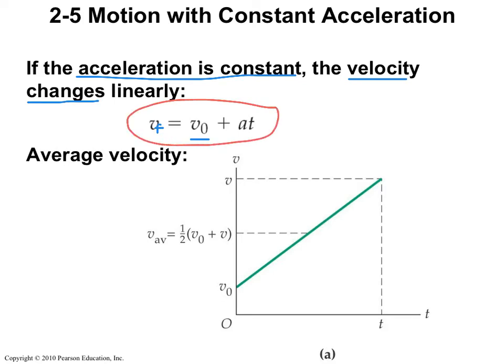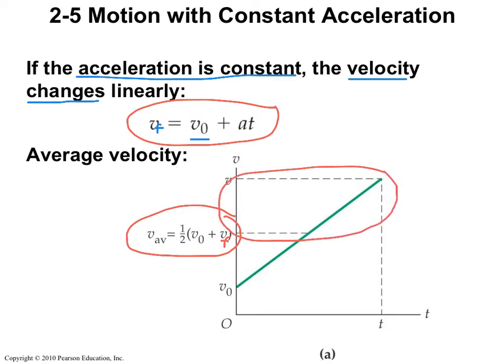Our next equation is our average velocity equation. That's our average velocity equals 1/2 times initial velocity plus final velocity. You can see on this graph that we're taking the difference between these two different points.